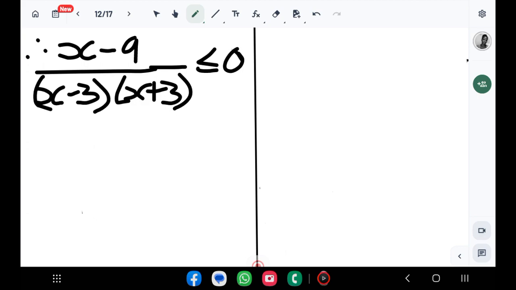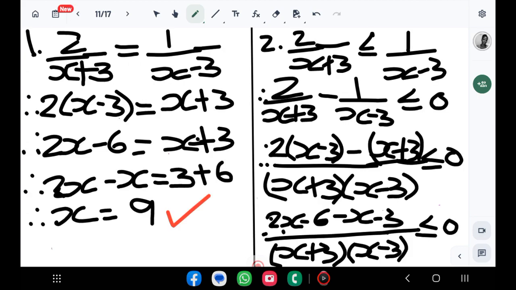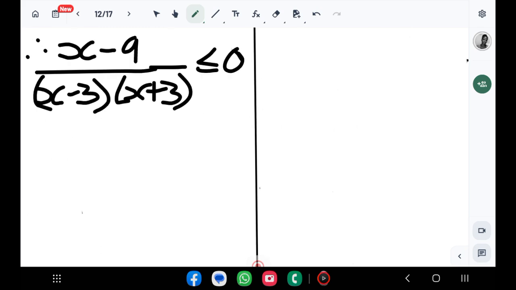Let me just double check the inequality. Less than or equal to 0, that is correct. And now what you do is you use that to find the critical values. You've got your factors now laid out. So critical values.